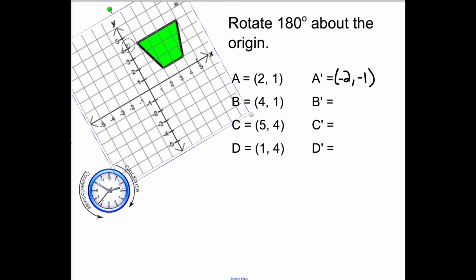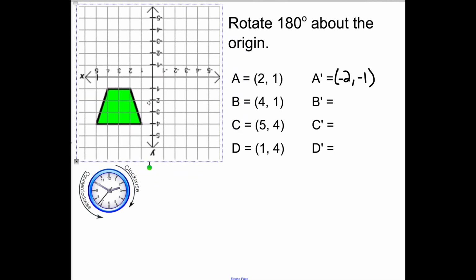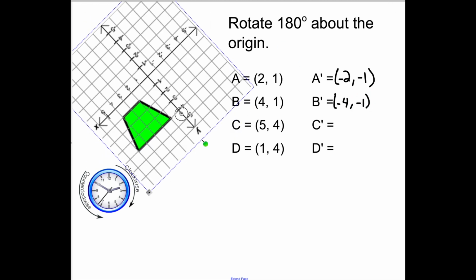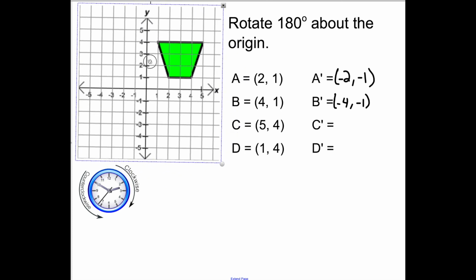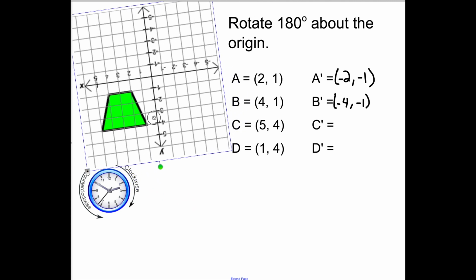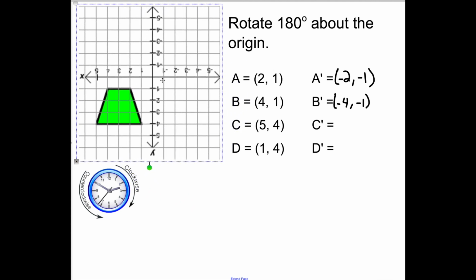Okay, now B has gone to -4, -1. Hopefully you're starting to see the pattern. So think about 5, 4. C was at 5, 4. See where C is. Pause if needed. We rotate. C goes to -5, -4. And remember, you're ignoring the numbers as they're written right now.